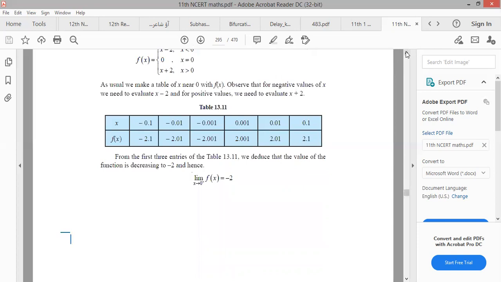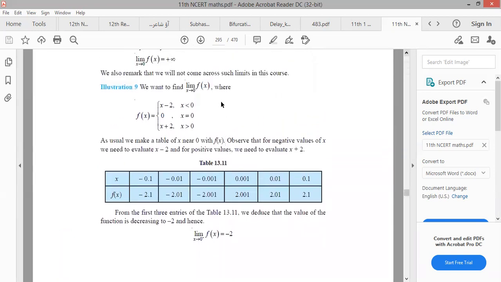The value of the function at these points will be as follows. Since it is on the negative side, on the left side of 0, for x is equal to minus 0.1 it will be minus 2.1, and accordingly the other values. But for the right hand side, for the last three values, the function will be evaluated with x plus 2.